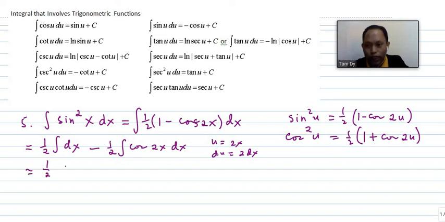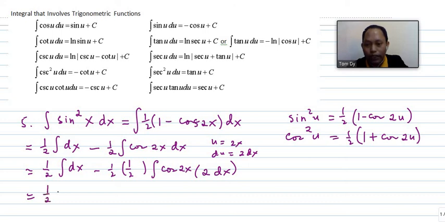So we have 1/2 integral of dx minus 1/2, and then the reciprocal of 2 is 1/2, integral of cosine 2x 2 dx. Therefore, our final answer here is 1/2 integral of dx equals x, minus 1/4, and then integral of cosine equals sine u. So we have here sine of our u, which is 2x, plus c. This is our final answer.